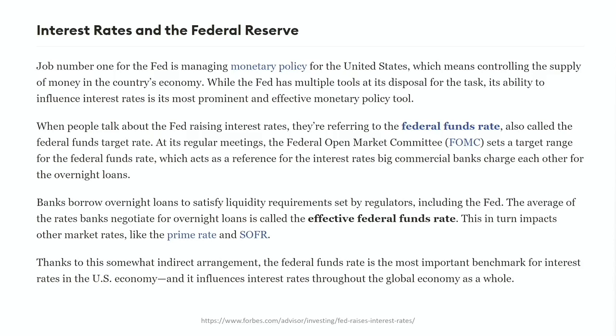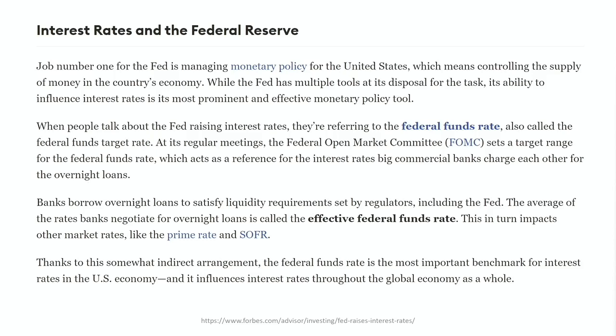And so the target range acts as a reference point for interest rates that big commercial banks charge each other for overnight loans. So that's what that is. When the Fed raises and lowers rates, it's specifically making it more or less expensive for big commercial banks to charge each other for overnight loans. Okay, so that's the basis of it.